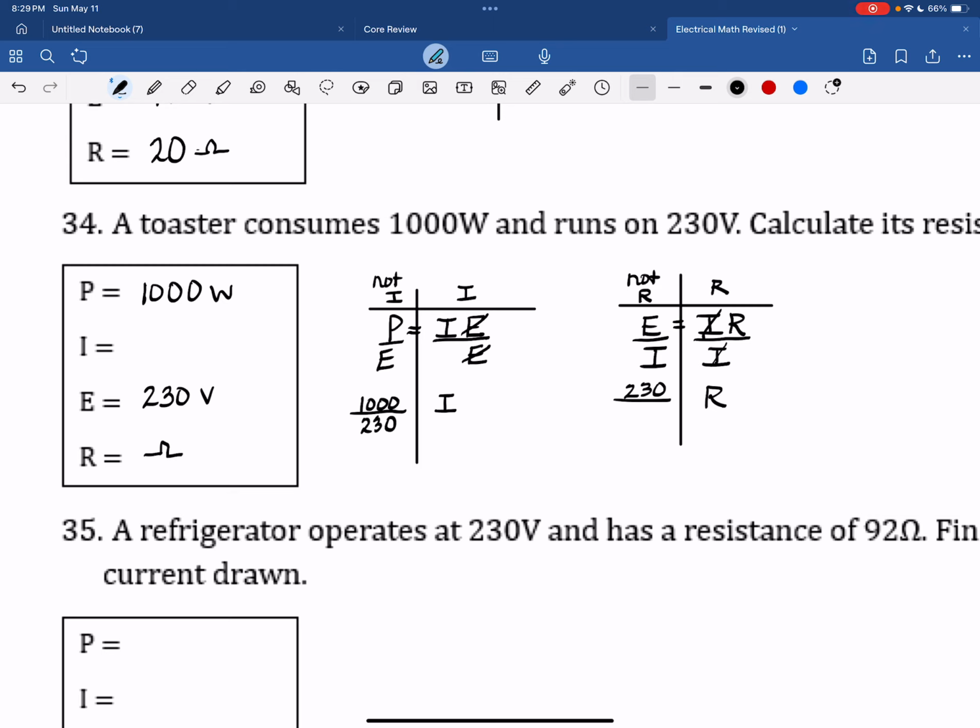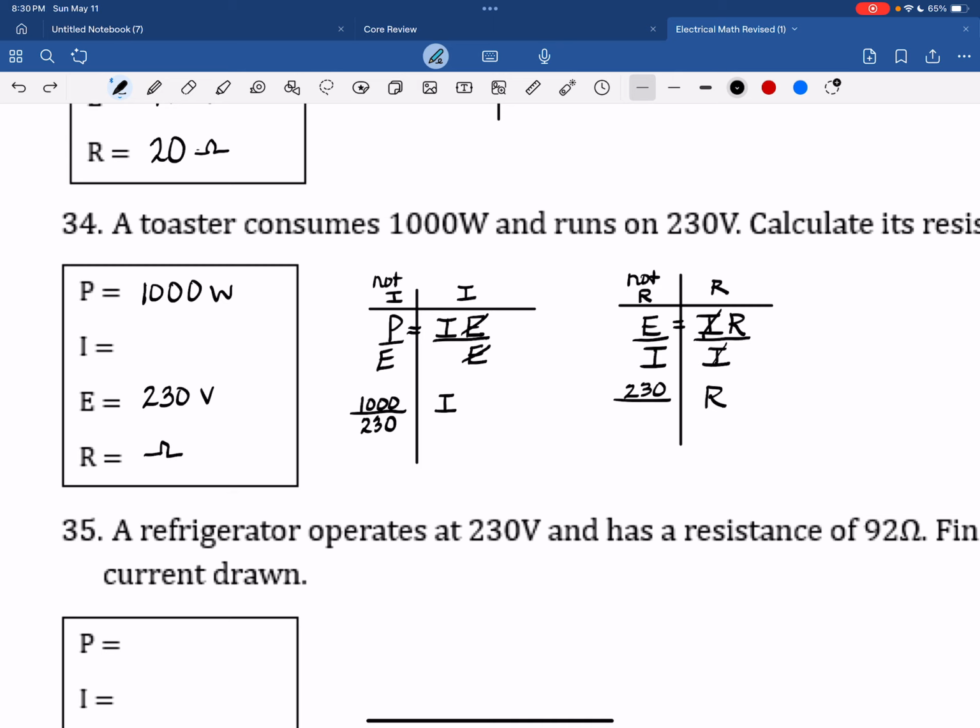So 1,000 divided by 230 is going to be my answer there. And then I'm going to substitute that value right in here. So that's why I need both of my formulas.